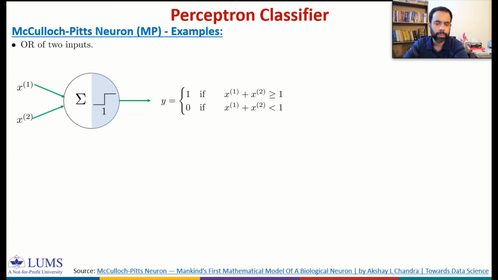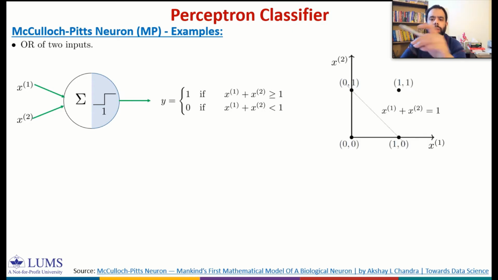If we visualize this graphically in a 2-dimensional Boolean space, these are the 4 possible inputs. Input can be 0,0, 1,0, 0,1, or 1,1. Right?